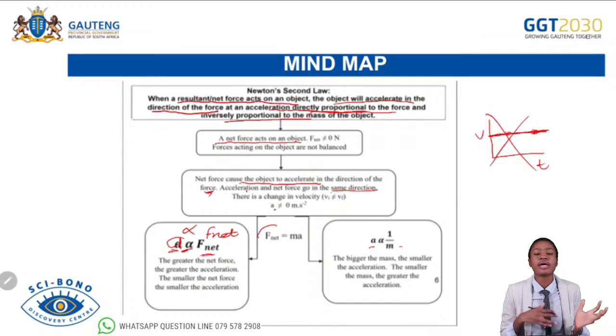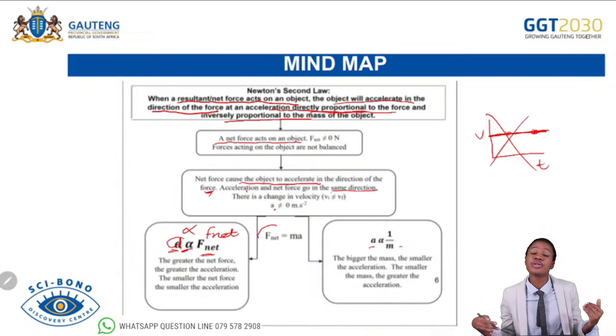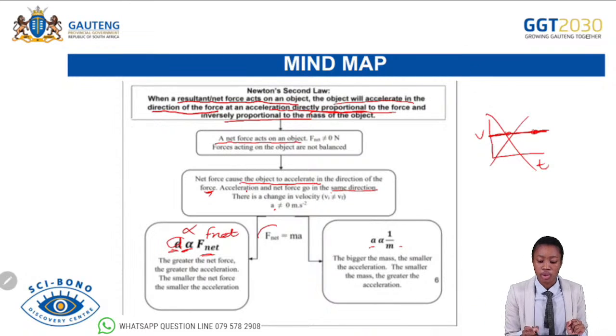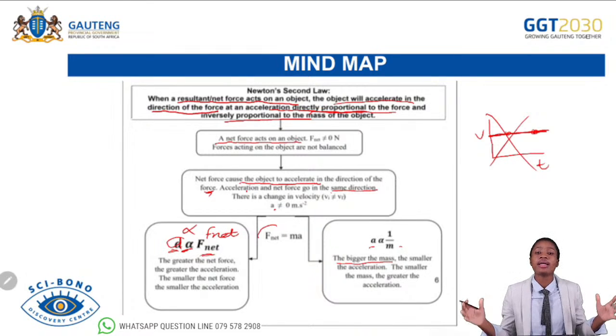How about the inverse proportionality in terms of the mass and acceleration? Remember, when we say that there is an inversely proportional relationship, we are saying that if we increase one factor, the other will decrease. So here we are looking at the greater the mass. If the mass of the object is greater, what will happen to the object's acceleration?